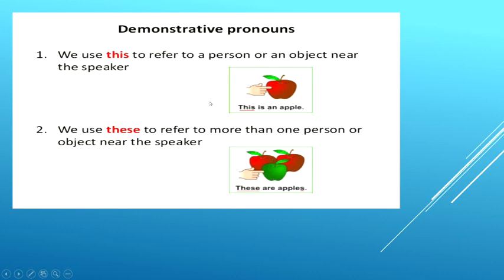So, which demonstrative pronoun will you use to point at a nearby object? Yes, we will use this. And which demonstrative pronoun will be used to refer to more than one person or object near the speaker? Yes, it is these. In singular form, this is used. In plural form, these is used. Alright?